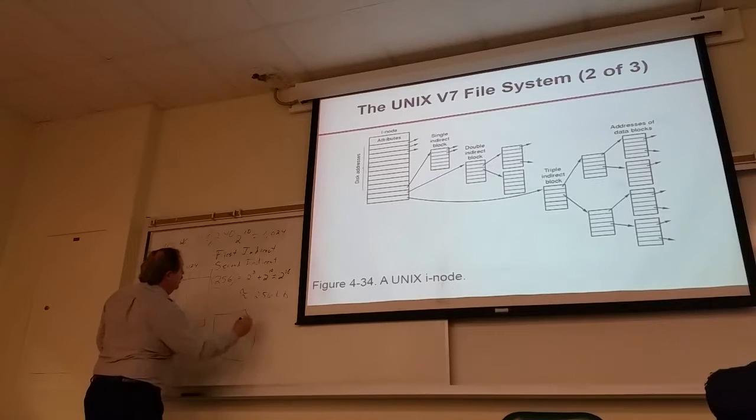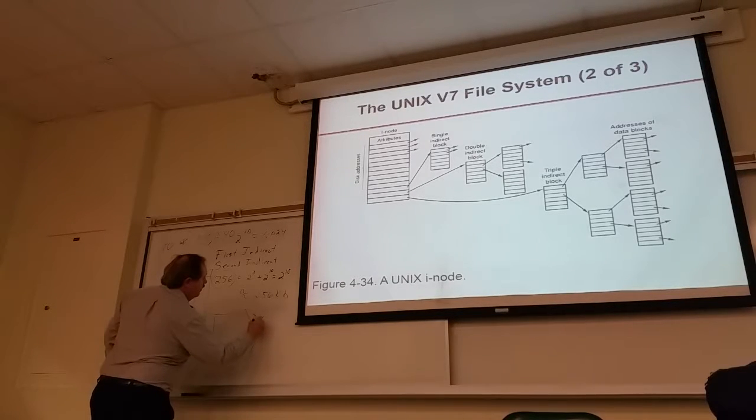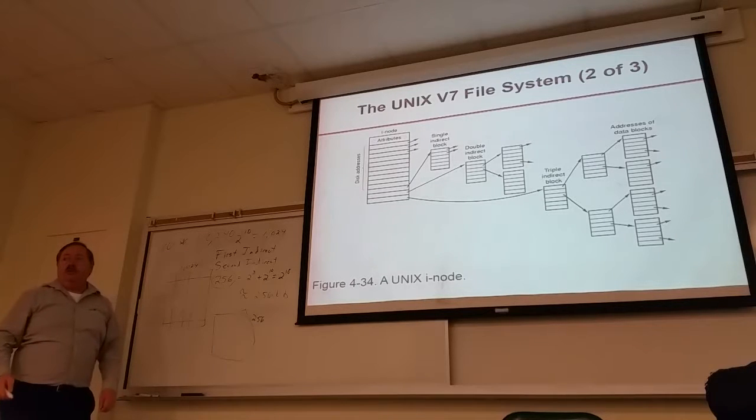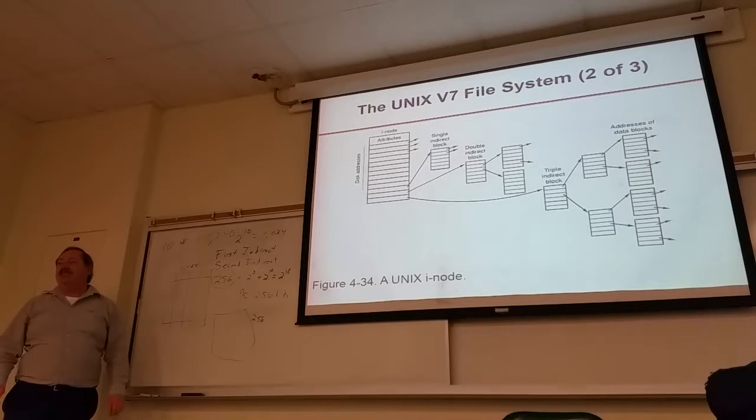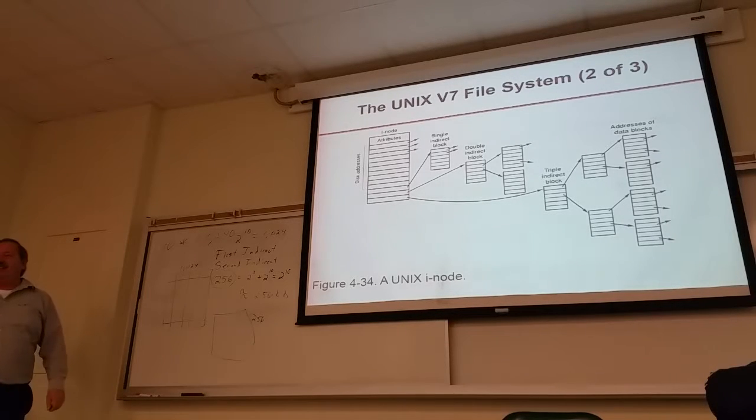So I have an additional 256 pointers per block, and each one of those pointers points to 1024. Now I can get large, and we can calculate exactly how large.